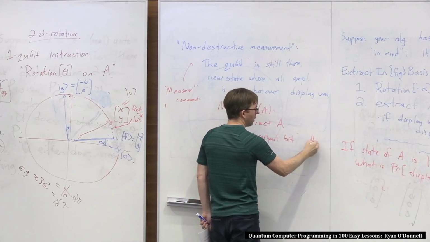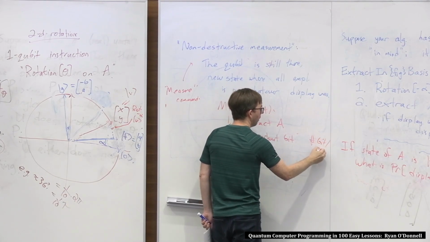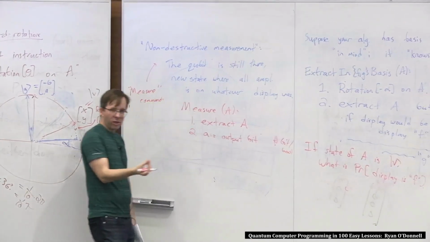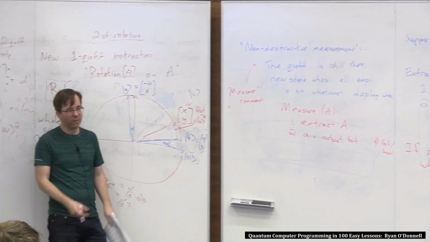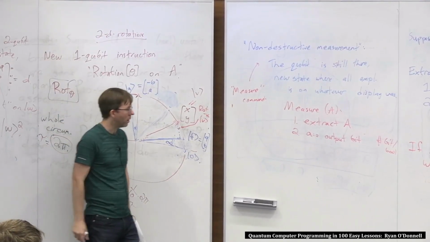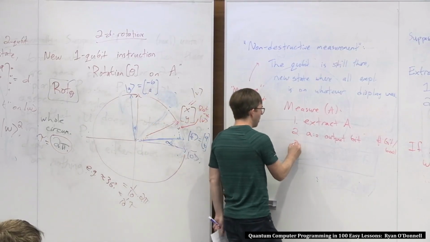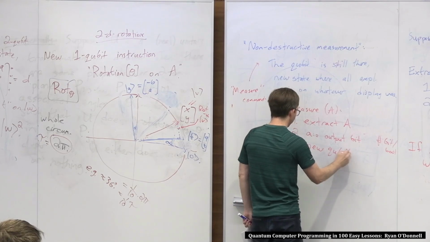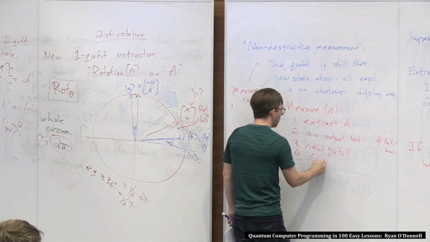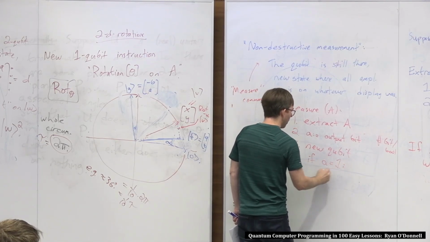This is a classical bit or Boolean variable. Then you can just look at it: if it's 0, I'll make a new qubit in state 0, and if it's 1, I'll make a new qubit in state 1. So I'll just make a new qubit that's in state 0, and then if a was true, I'll just toggle it.